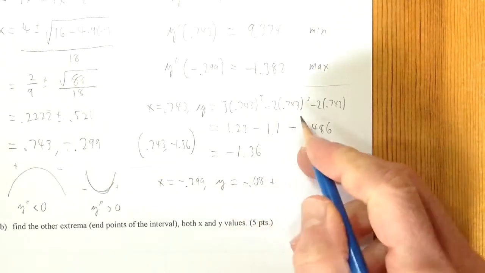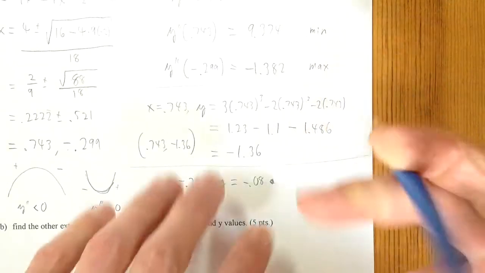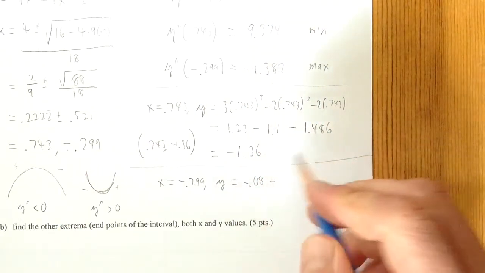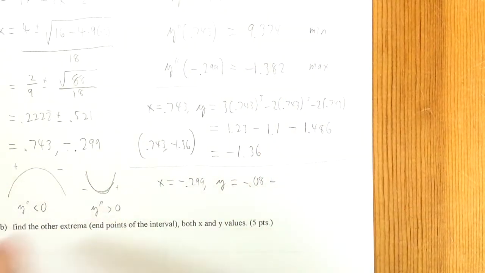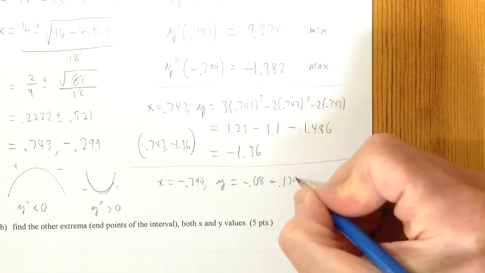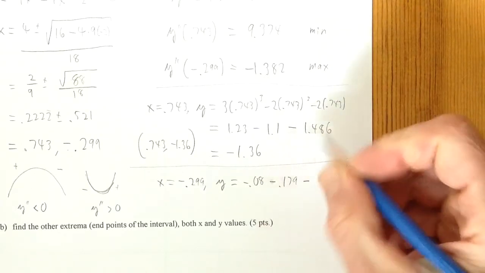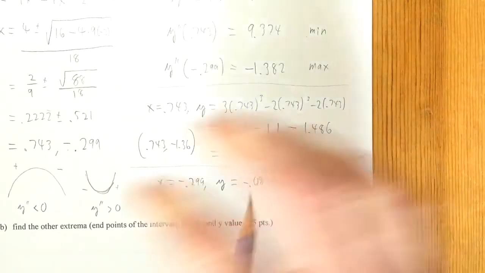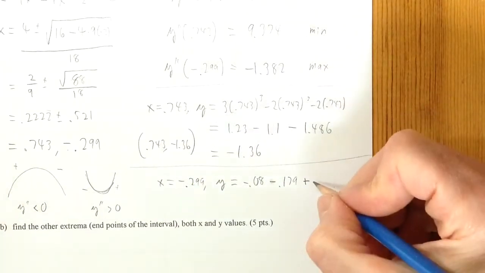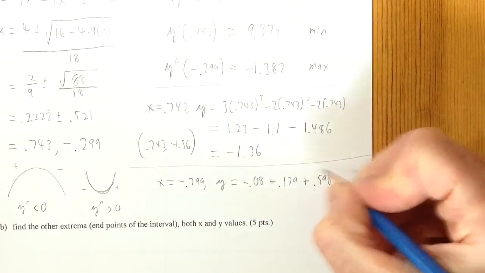Then minus 2 times 0.299 squared, times 2, is 0.179. Minus 2 times negative 0.299 is plus 0.598.